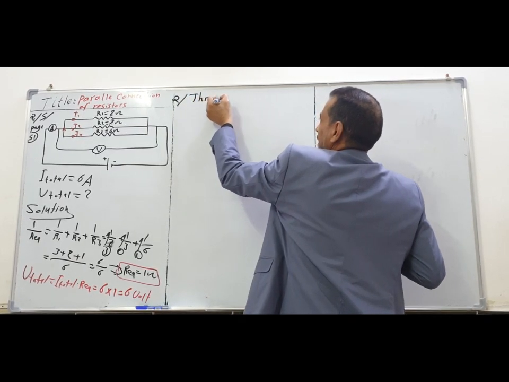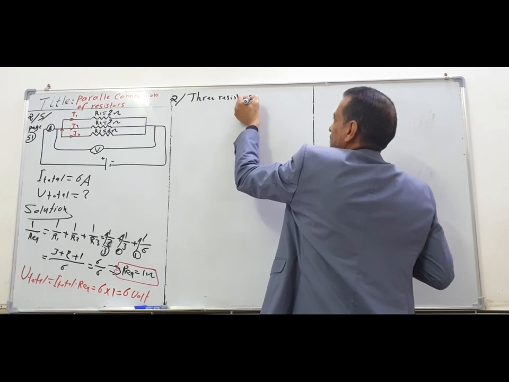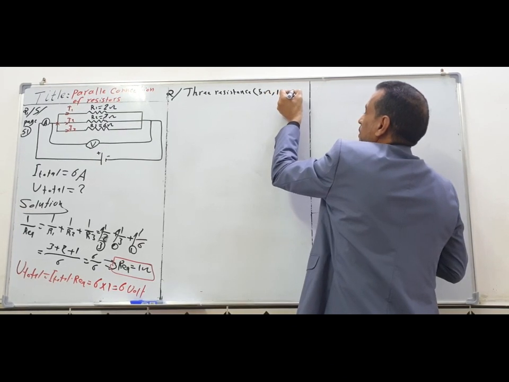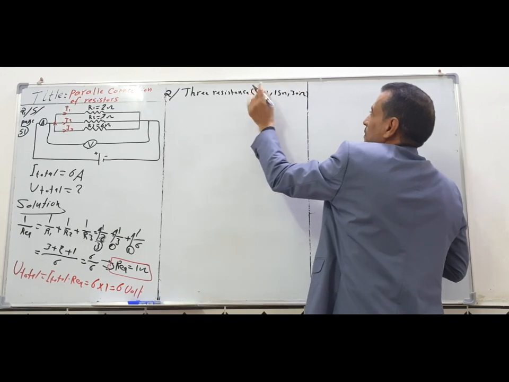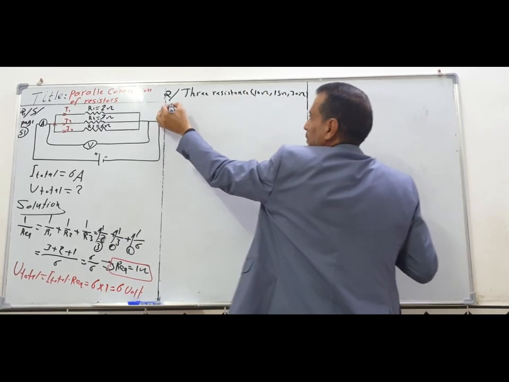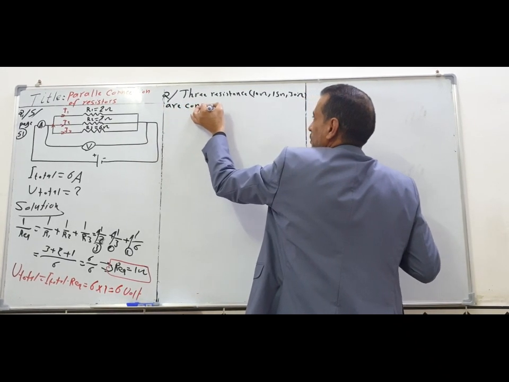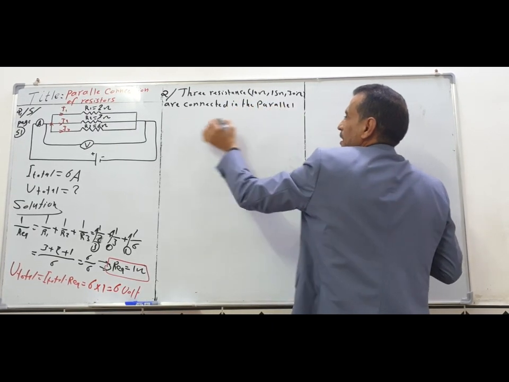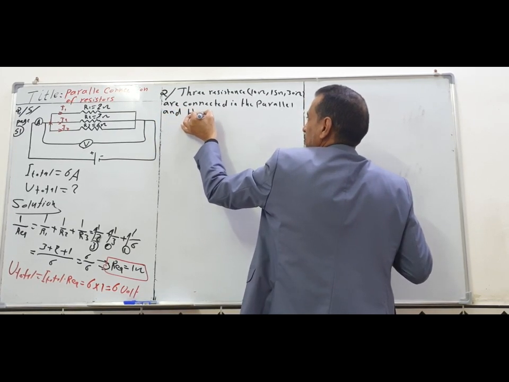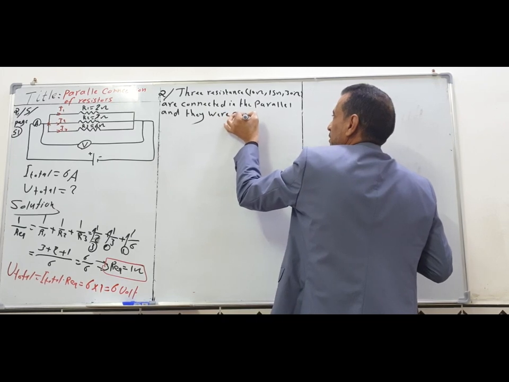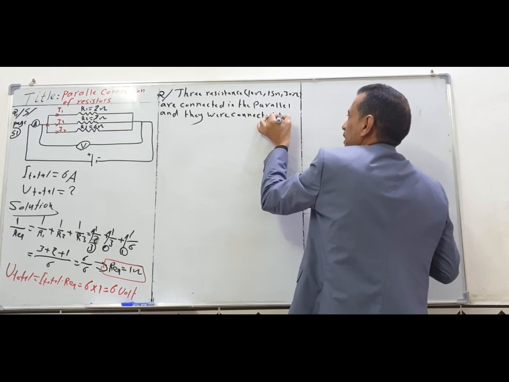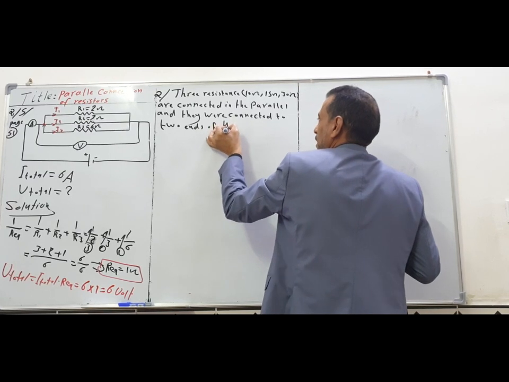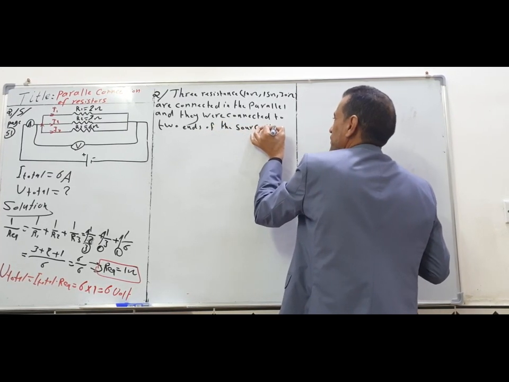3 resistances: 5 ohm, 10 ohm, 15 ohm, and 30 ohm are connected in parallel, and they were connected to the two ends of the source voltage.